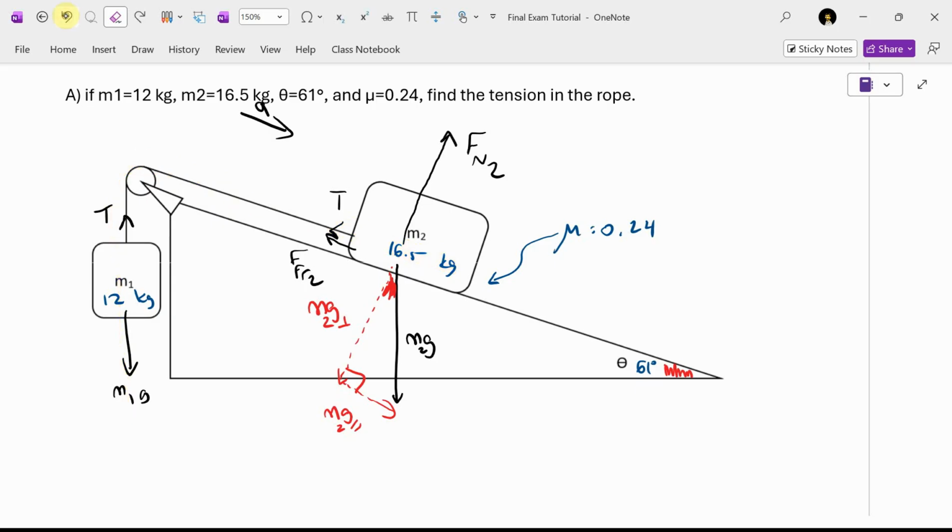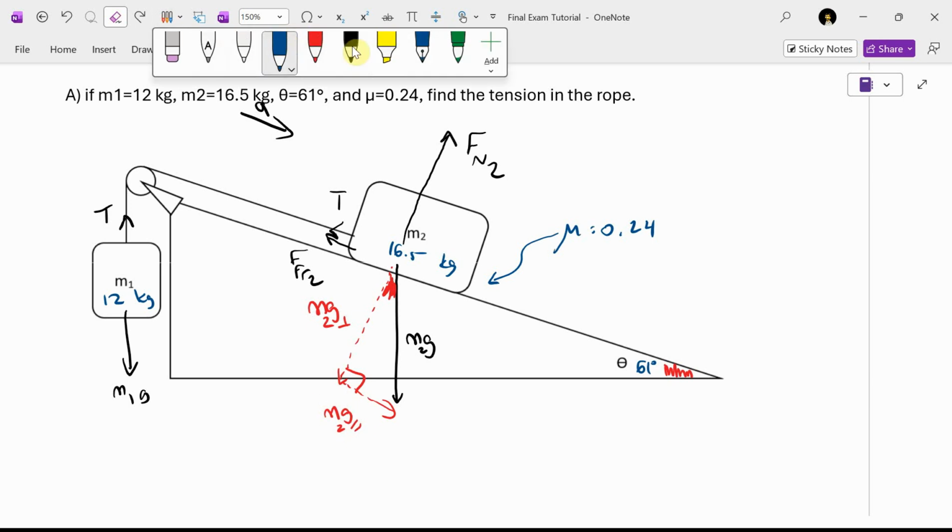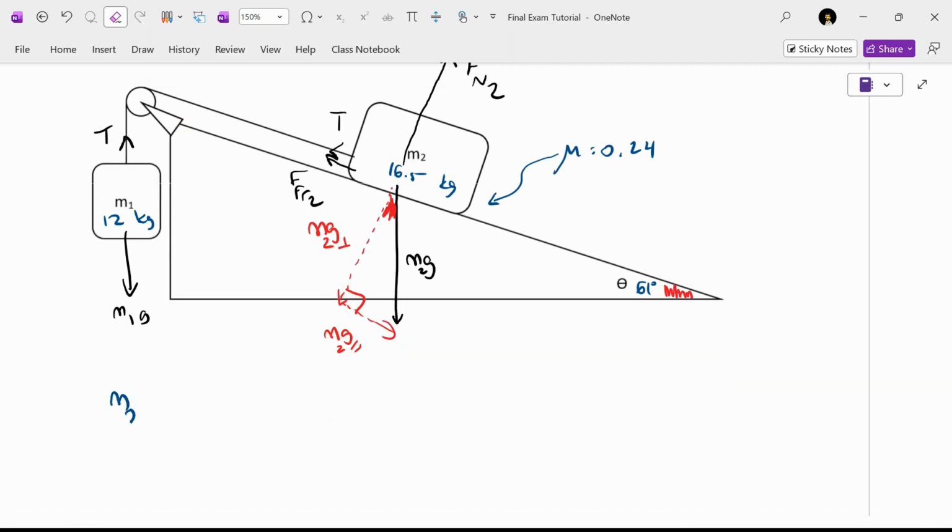So now, Arnica, which is the only force down the ramp? Who's winning? M2G parallel. Sorry, I should have said M2G parallel. Walking, walking. This tension here is up the ramp, loser minus. This friction force 2 is up the ramp, loser minus.